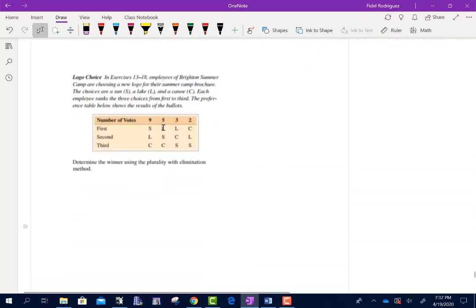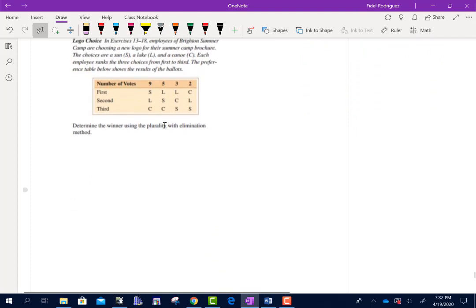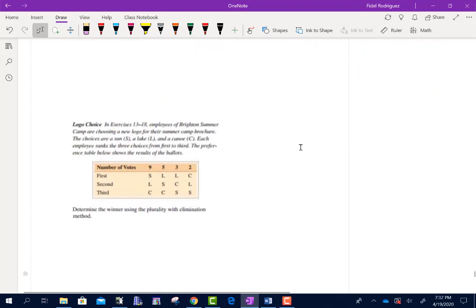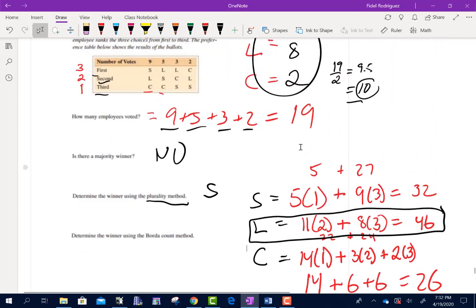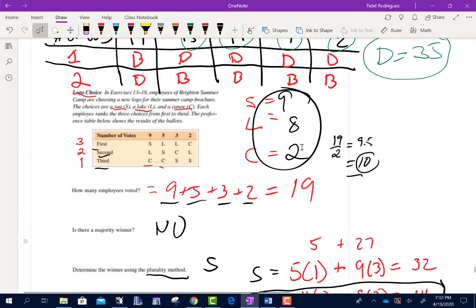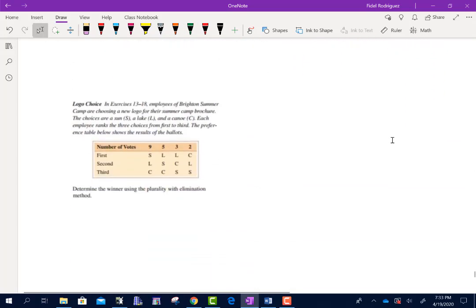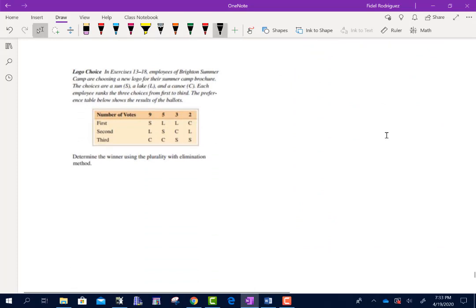All right, and for the same problem, now we're going to go with plurality with elimination. So guys, remember when we did the plurality, the one that had the least number of first place votes was the canoe. So that's the one we're going to get rid of. I'm going to make this table again.